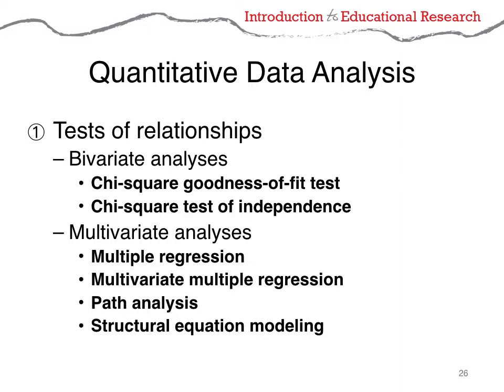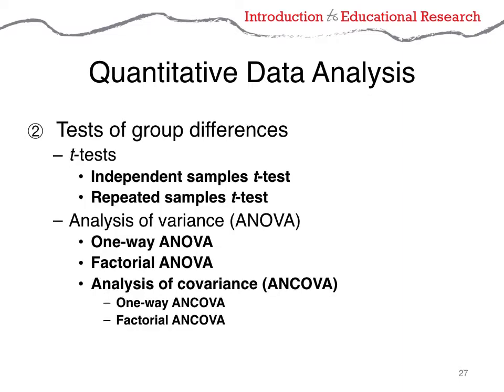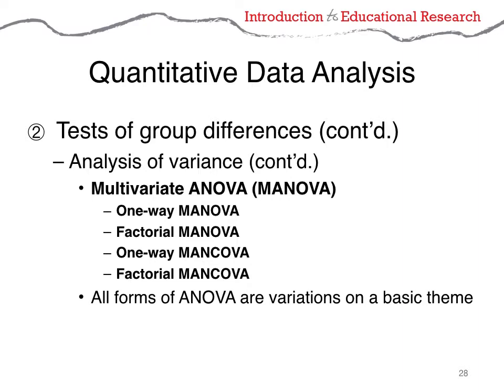Some of the things that you hear in this world are multiple regression, multivariate multiple regression, structural equation modeling, or SEM. Some of the things you might have learned in your statistics classes are t-tests, analysis of variance, ANOVAs, and then multivariate analysis of variance, or MANOVA.